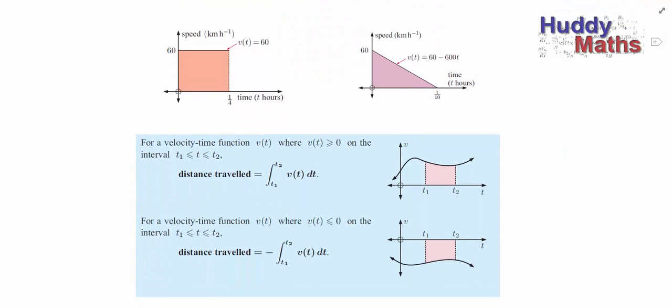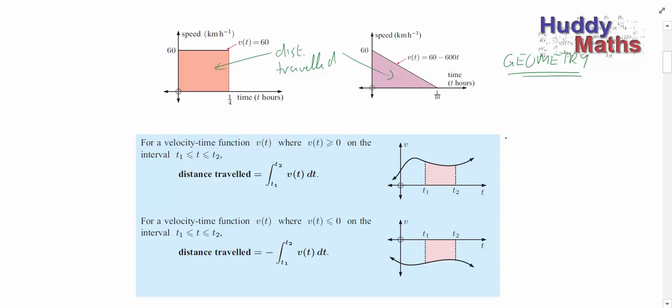Here's a summary of what we've just done. In speed-time graphs, the area under the curve is the distance travelled. We talked about that before. In both of these cases, because these are standard geometric figures, we could find the total distance travelled using geometry.